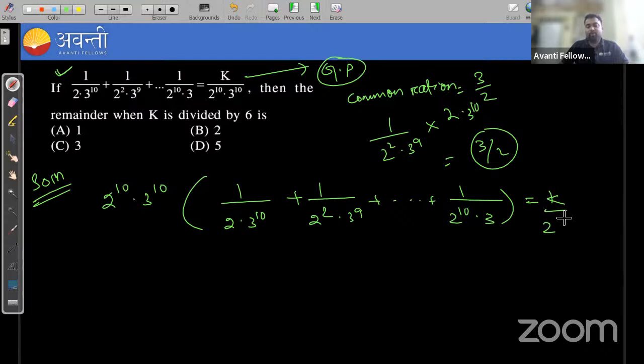On the right side, k upon 2 raised to 10 into 3 raised to 10, multiplied by 2 raised to 10 into 3 raised to 10, cancels out.